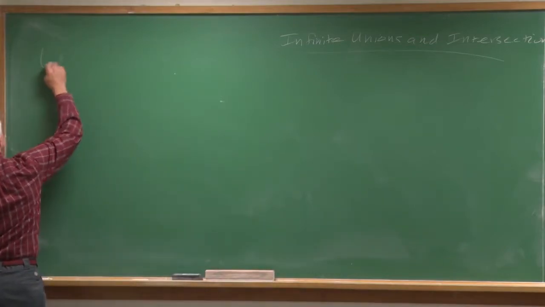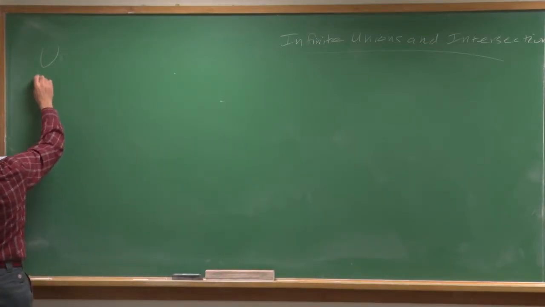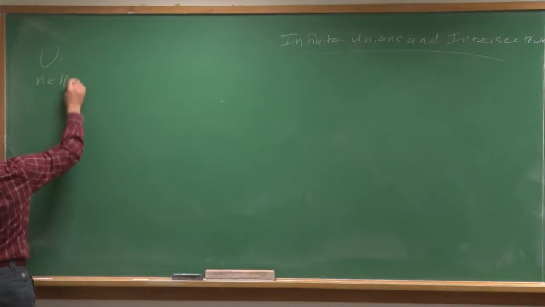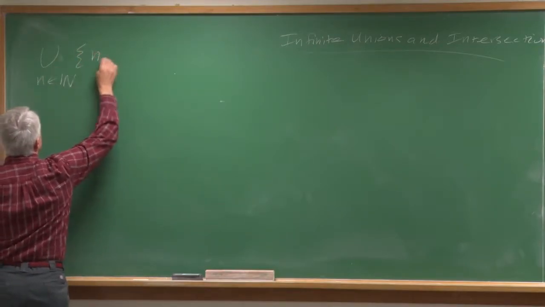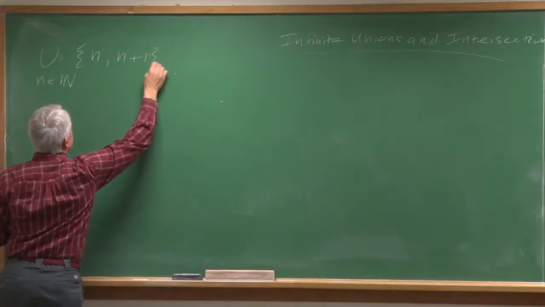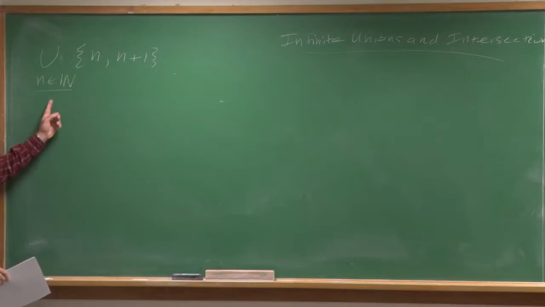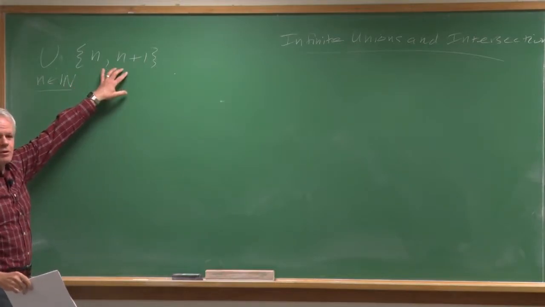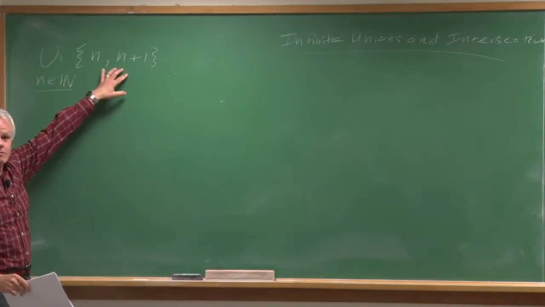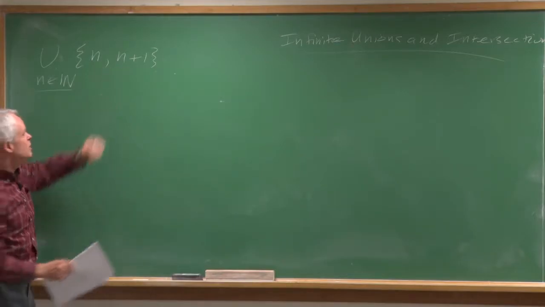So let's do an infinite union. This one, we're still doing one set for each natural number, but this time it's not an interval, it's just a set of two numbers. Okay?